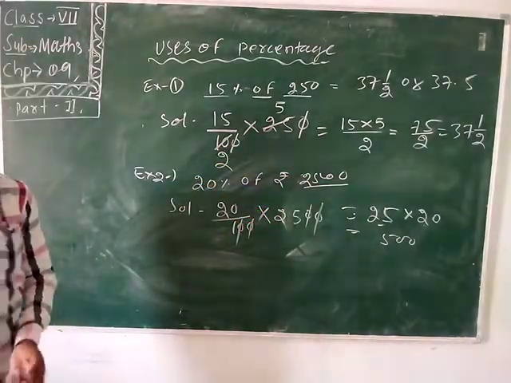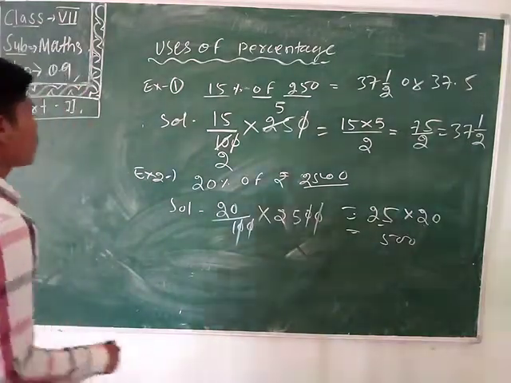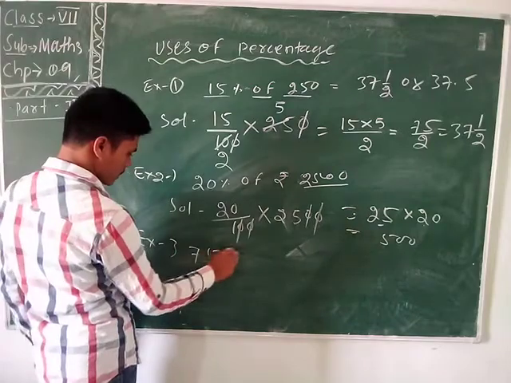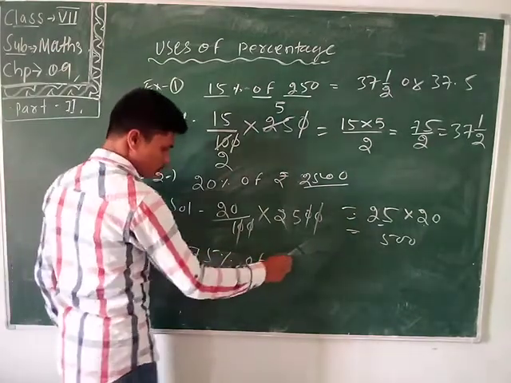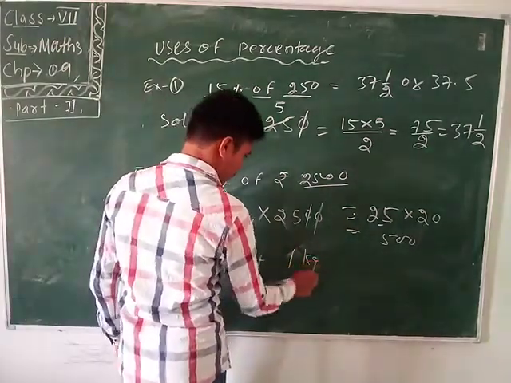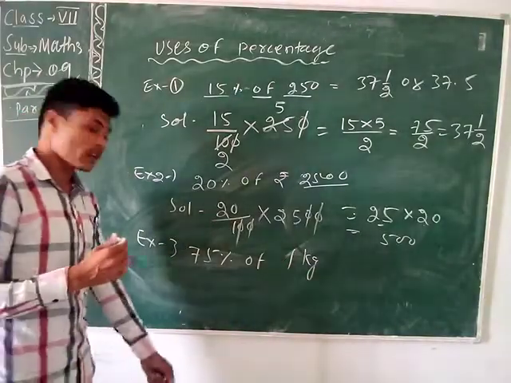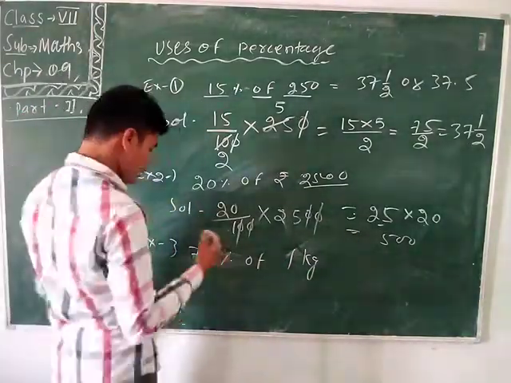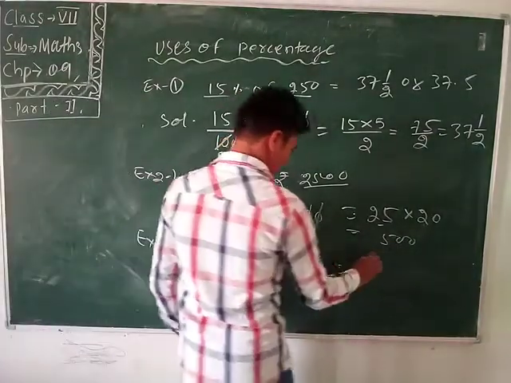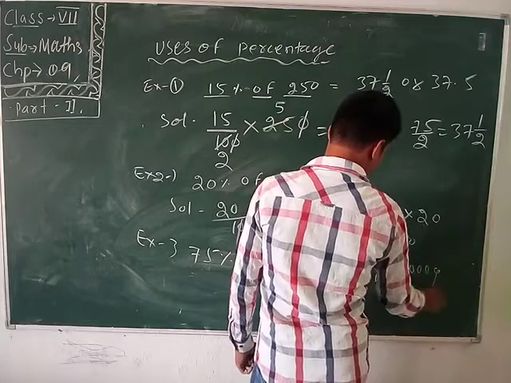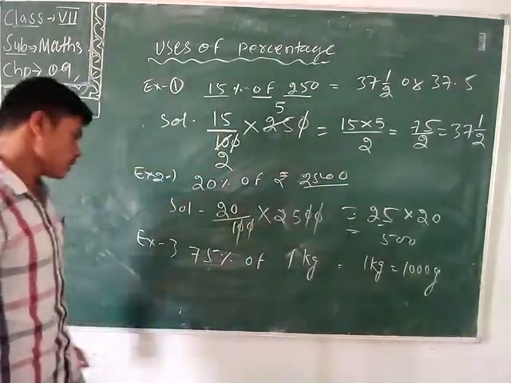Now we take another amount, example 3: 75% of 1 kg. You know 1 kg is 1000 gram, so first we change it. 1 kg equals 1000 gram.